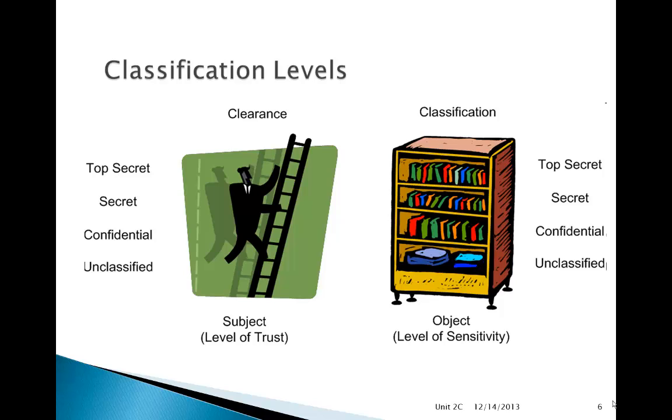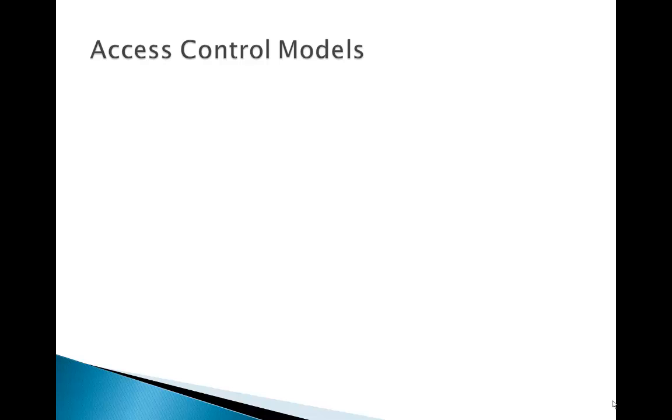The classification is also hierarchical. The subjects, meaning the humans, but also computer processes, programs, and facilities housing things, have a clearance assigned to them as a label, and the data itself has a classification assigned as a label. The process of determining access involves comparing the labels and making sure that the subject's label is at least as high as the object's label, if not greater.